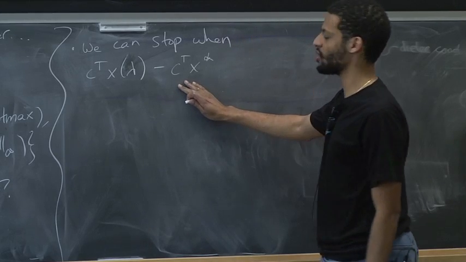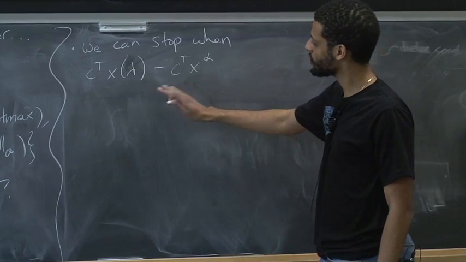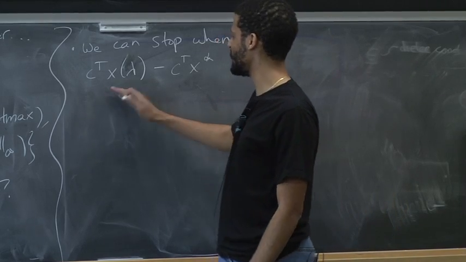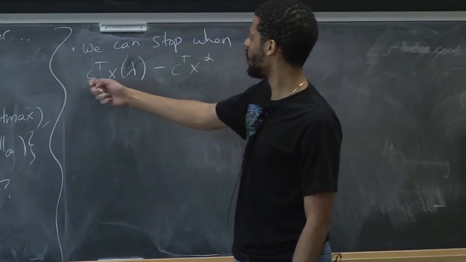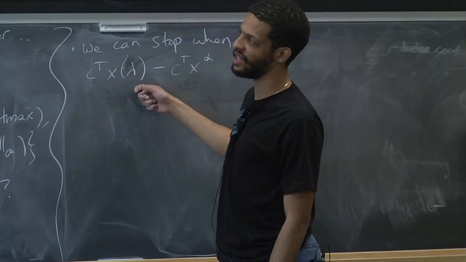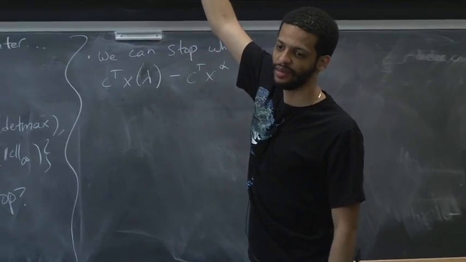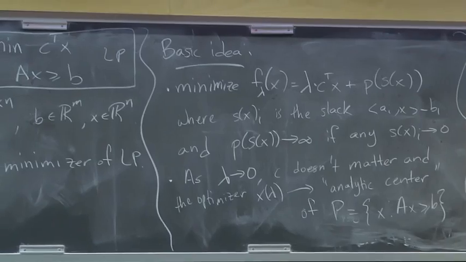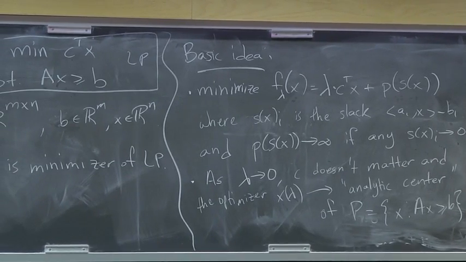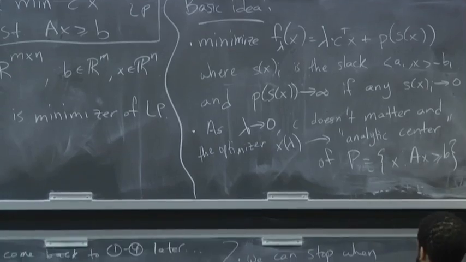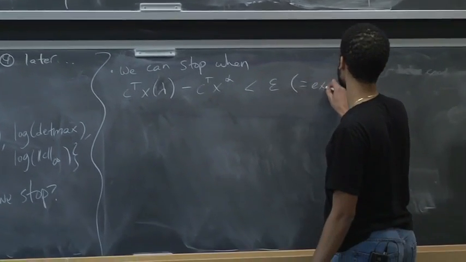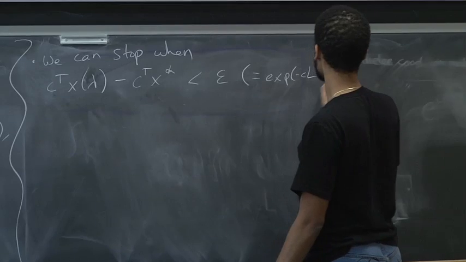C transpose x star is the true minimum. C transpose x lambda is what our cost would be if we used x lambda as a solution to the actual LP, as opposed to this modified penalized function. Once this is less than, let's say, epsilon. And epsilon is also going to be something that's exponentially small in the precision.